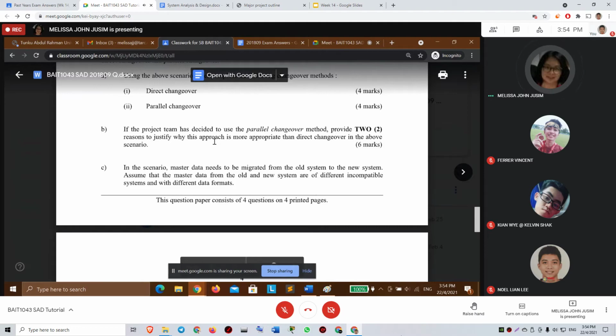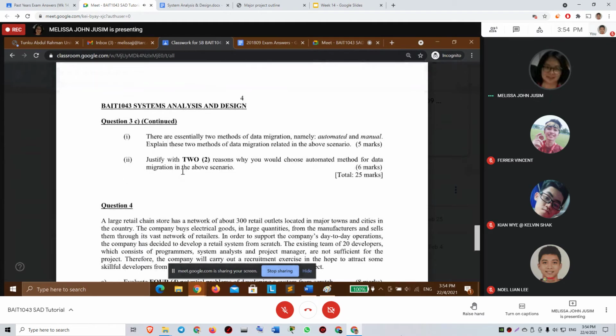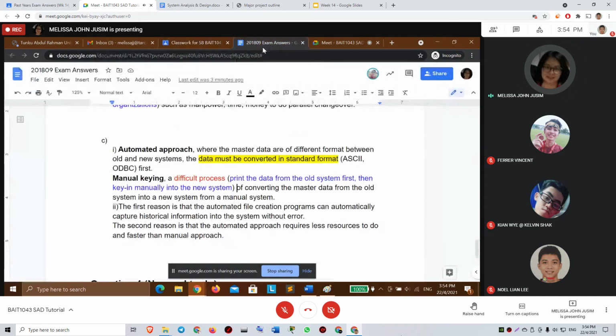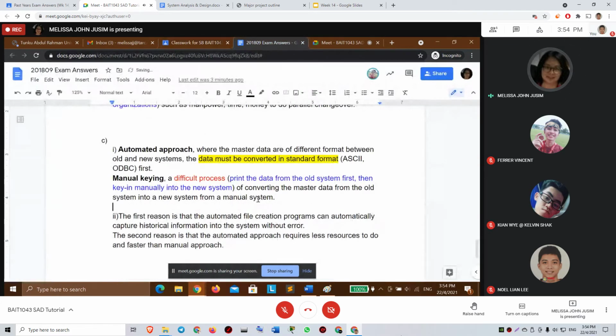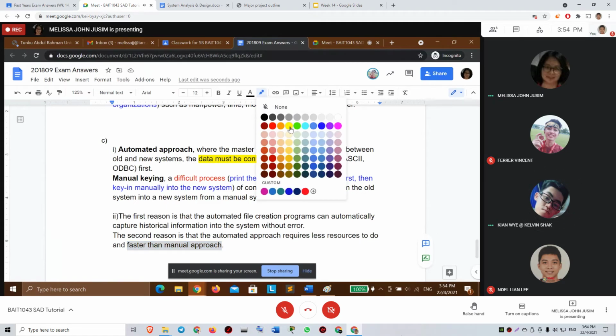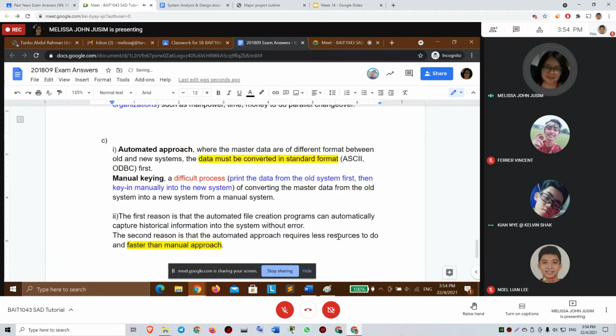Okay, what else? Okay, last one. Two reasons why you would choose the automated method. Automated method, let me see. Oh, without error. Less resources. Why less resources? Why do you say that it is less resources?